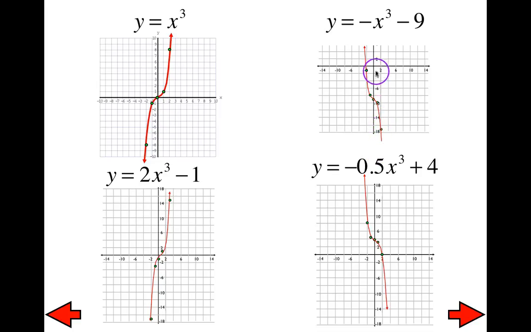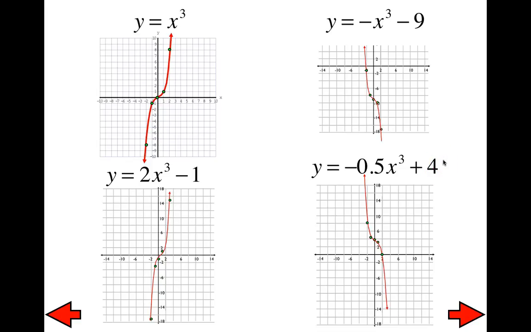Instead of starting at the origin, the y-intercept starts at 0, -9. Last but not least, this one is going to be a little bit wider because of your small coefficient. And it is going down because it's negative. And once more, it's not starting at the origin, it's starting at 0, 4, because this number here represents your y-intercept.